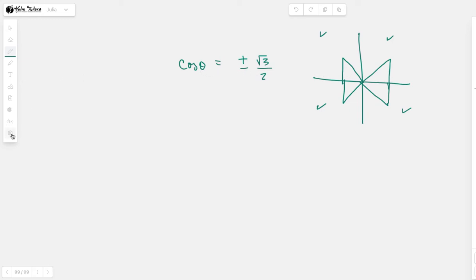Cosine is adjacent over hypotenuse. So that's root 3 right here and 2. Again, you don't need to worry about the negativeness and positiveness because you took care of that through the quadrants. Okay, so if you put theta here and theta here, theta here, theta here, right?